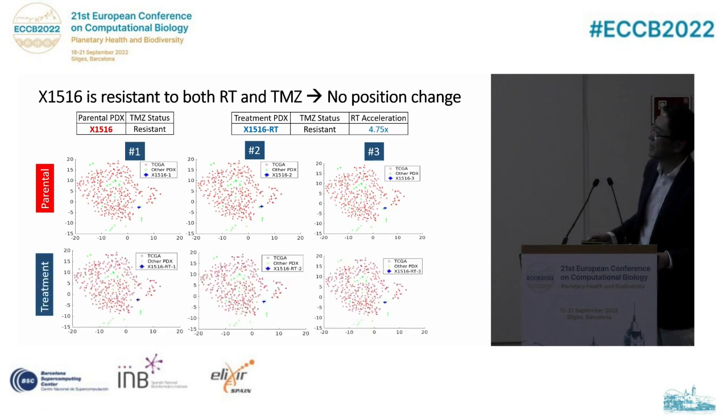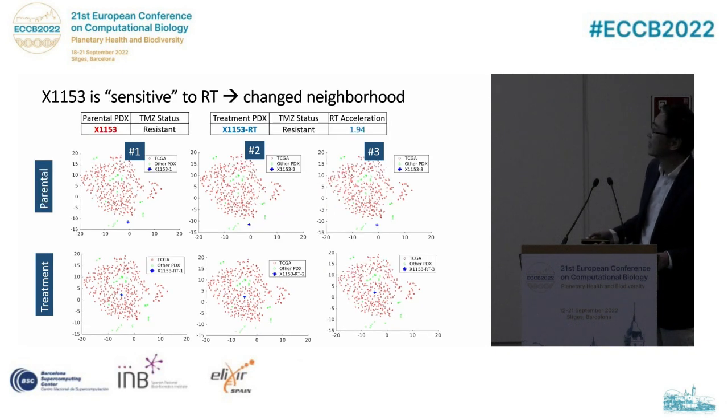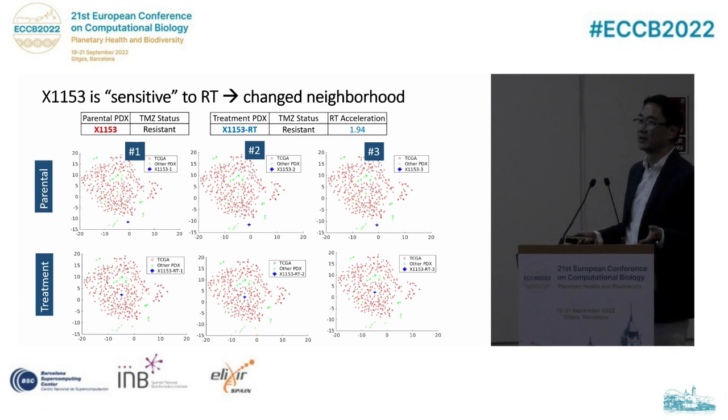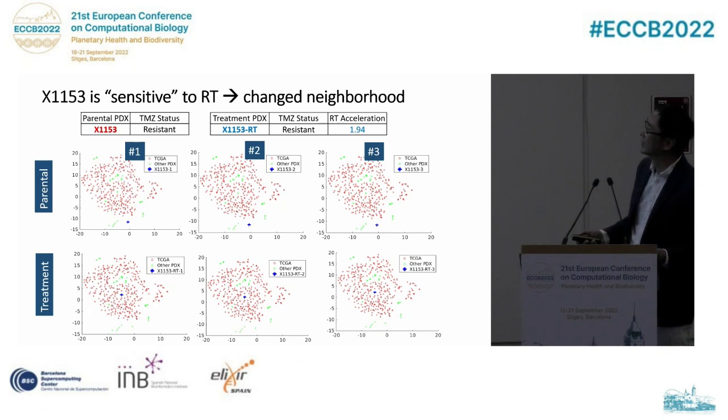And when we apply the radiation treatment, they don't move. That means this previous sample is really an example of a radiation-resistant tumor, and it's very difficult to treat. In another example, we find a different PDX sample where, after radiation treatment, the profile changed and the embedding also changed to a different neighborhood.